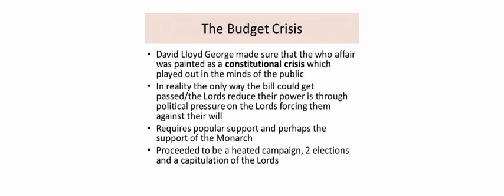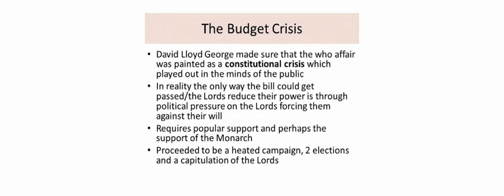The problem with making it a debate about the bill is some people actually might like the Liberals but dislike the idea of having so much tax and the Liberal reforms. If you make it about who controls the country, the elected Parliament, House of Commons, or the unelected House of Lords, you're far more likely to get people sympathetic to your side.